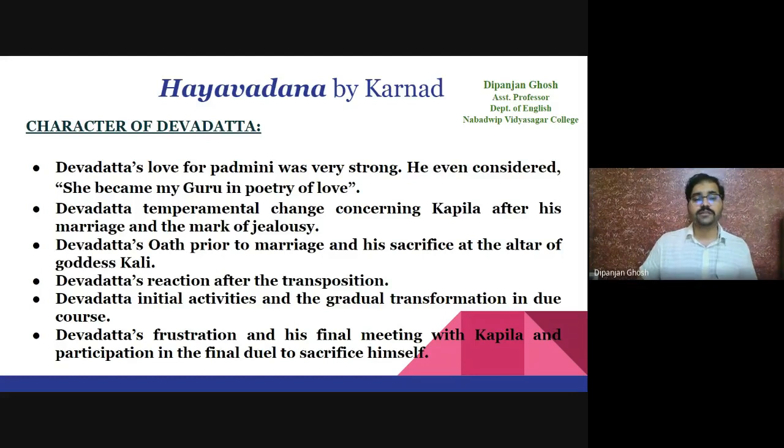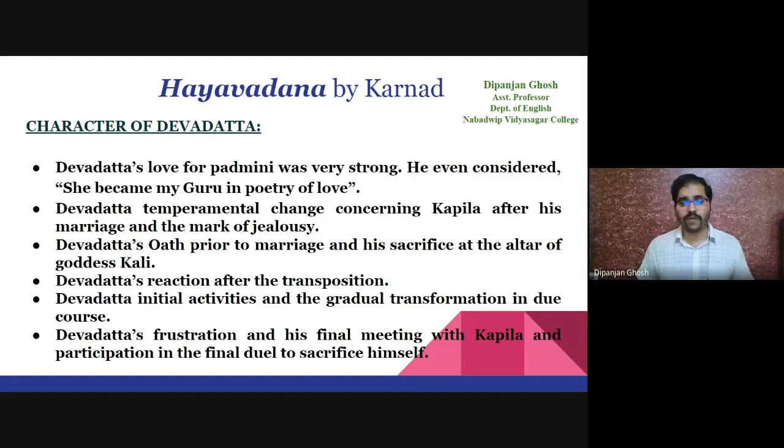And we find that Padmini goes to Kopila's house, at the wood, at the jungle, and Devadatta feels frustrated. He comes to the final meeting with Kopila, and he participates in the final duel just to sacrifice himself. At the end, it is Devadatta's temperament that he takes the duel in spite of knowing that it will end differently from what he had expected.